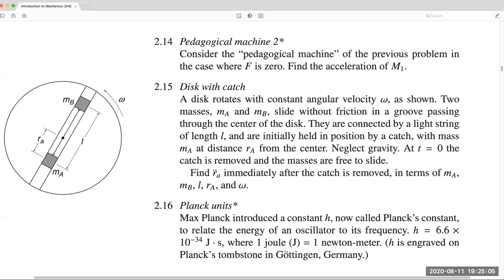In this question, you definitely need to write down the equation in this form. Wait, is this disk horizontal or vertical? This is a horizontal disk.